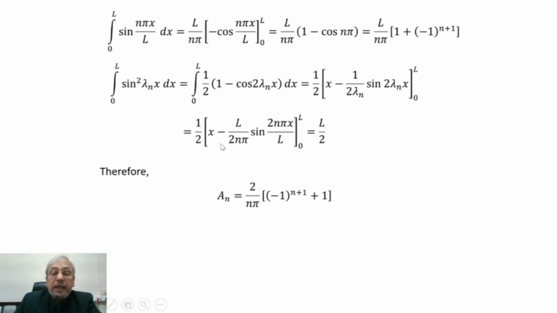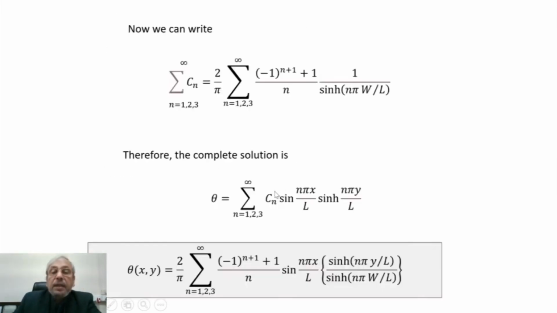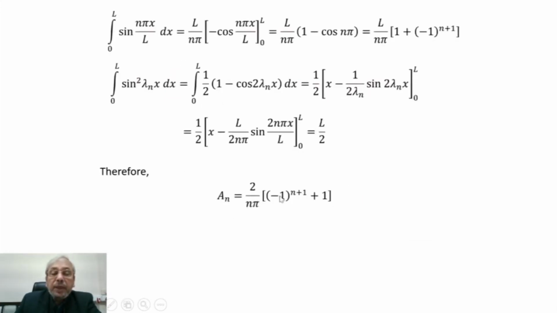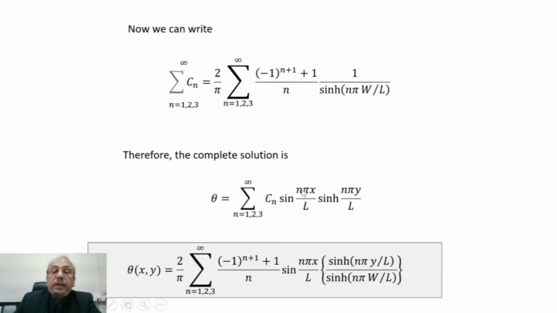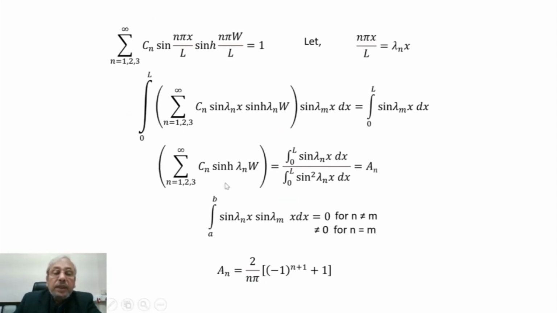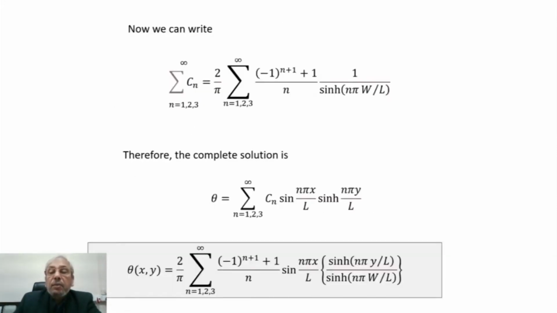That is exactly what we had to write, and 2 by pi we have taken out, the numerator divided by n. And then the sine hyperbolic lambda n w, which comes with Cn, will go to the right hand side, sine hyperbolic lambda n w by L. So this is the value of Cn.